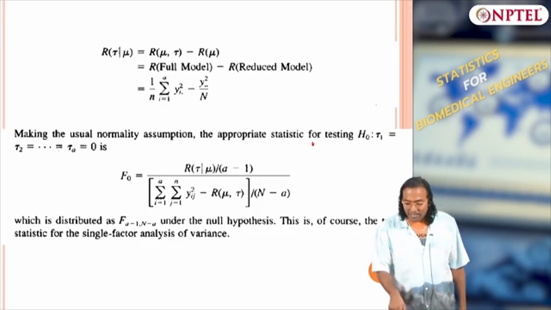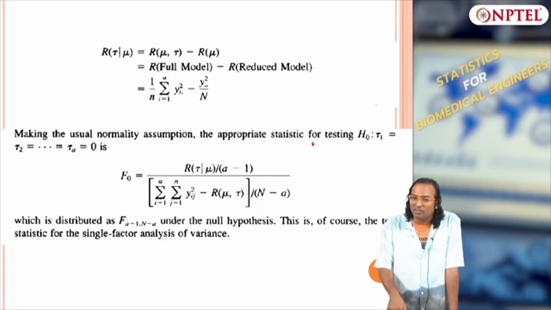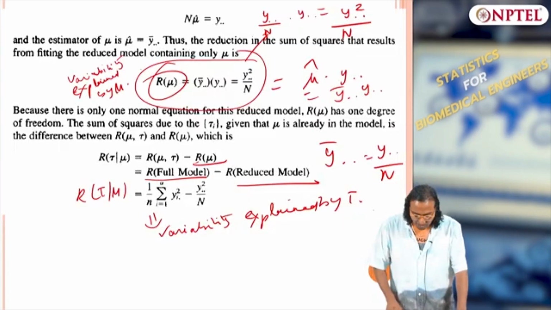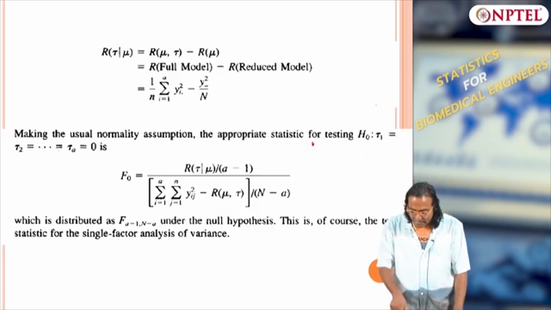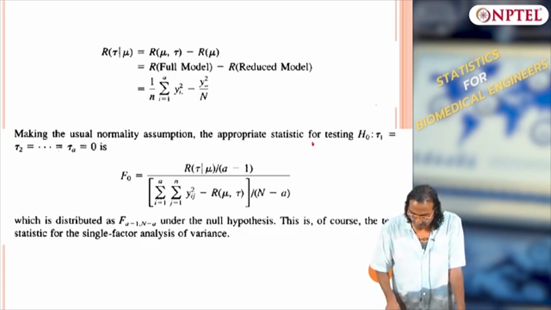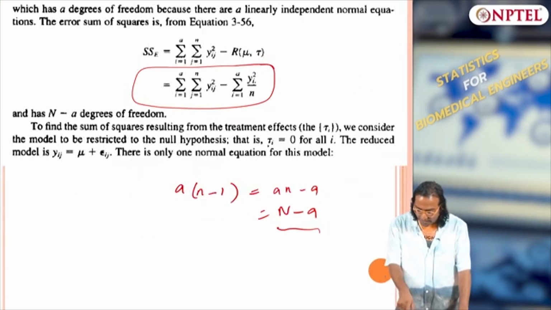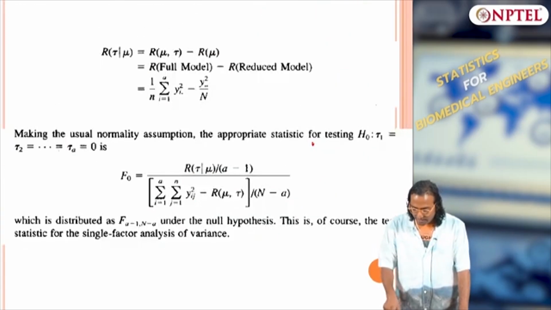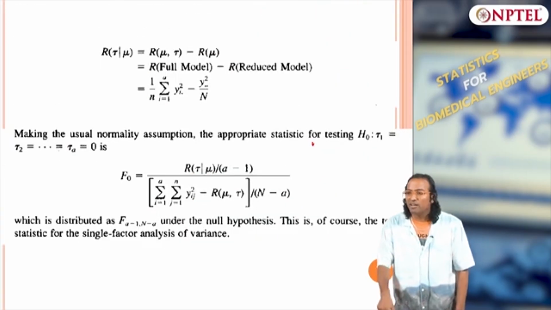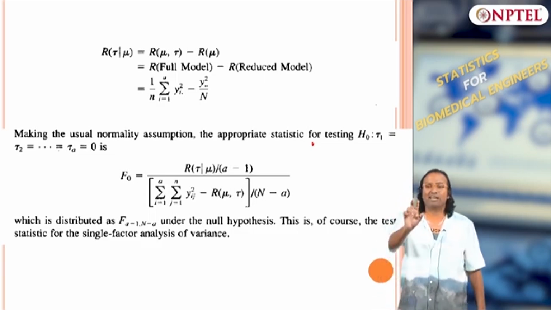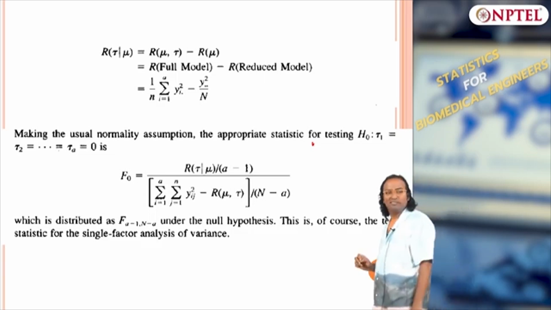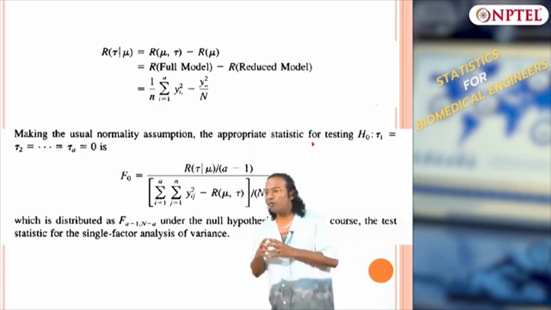So the variability explained due to tau is nothing but R(tau given mu), divided by a minus 1 degrees of freedom. And what is the sum squared error? I have derived the sum squared error, this is my sum squared error. And what is the degrees of freedom? a(n minus 1) or N minus a, this is my F statistic we are using. Now you understand bit by bit what we are doing in ANOVA.